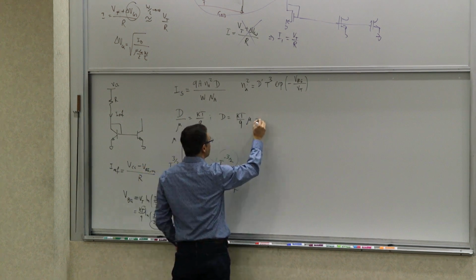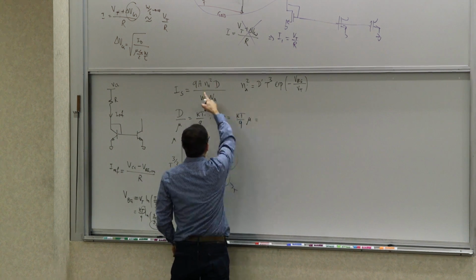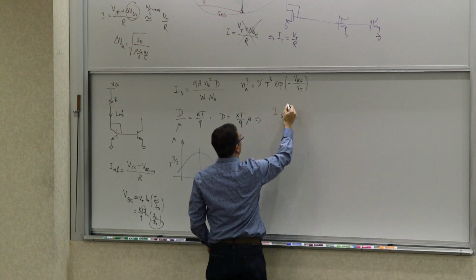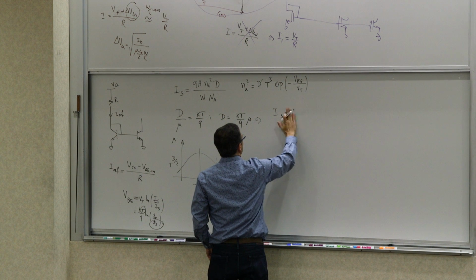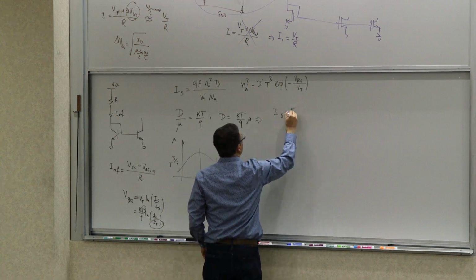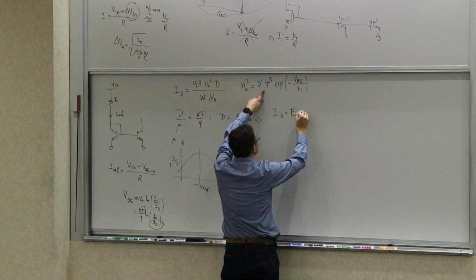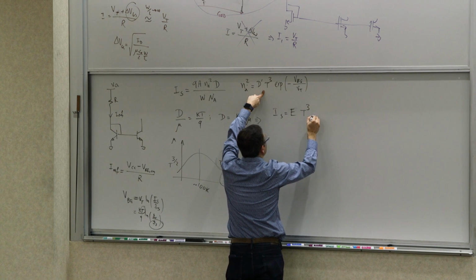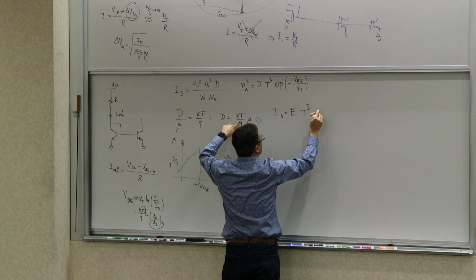So D is, you can plug this in here, and what you get is an IS that has a bunch of parameters here. You get a K. So let's absorb all the non-temperature dependent parameters into some constant E. What you have as temperature dependence is this T to the third, T cubed. You have this T, so that makes it T to the 4.